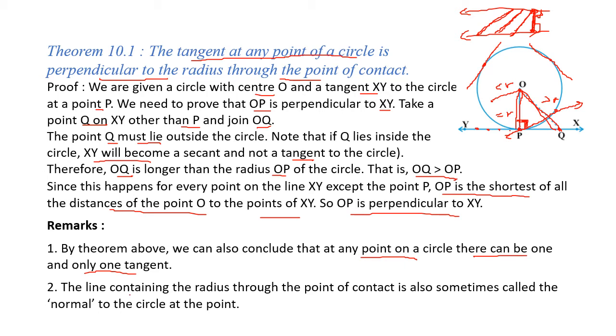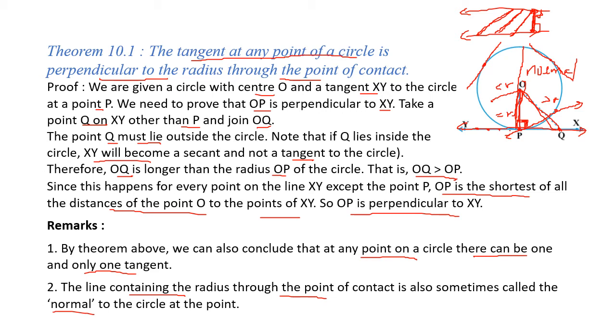Now, the line containing the radius through the point of contact is sometimes called the normal. So, if we call this XY the tangent, we can call OP the normal. The line which is perpendicular to the tangent can also be called the normal. So, remember these terms. Understand what a tangent is.